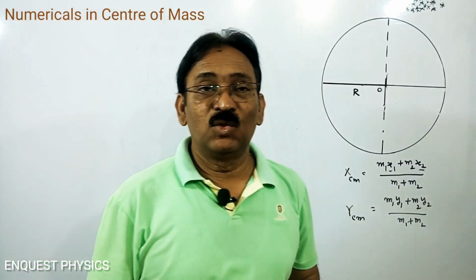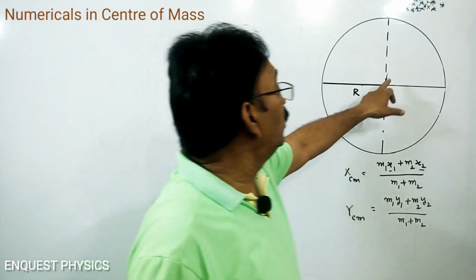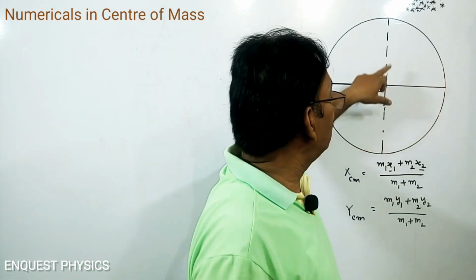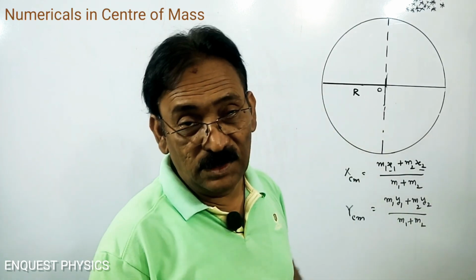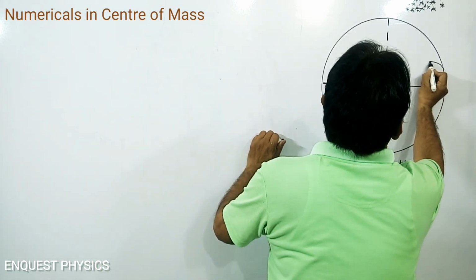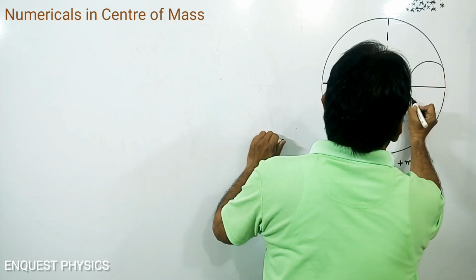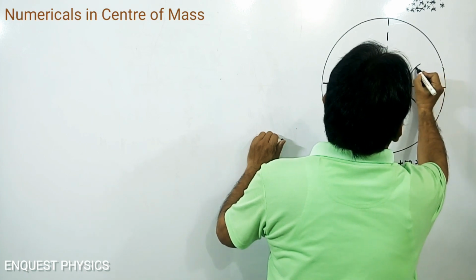Let's do one more application students. In the previous problem, we removed the circular plate which has the radius which is half of the radius of this circular plate. Now, I am removing another plate from one of the edges.